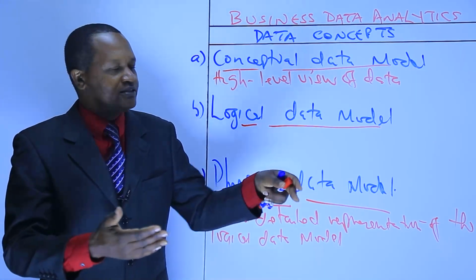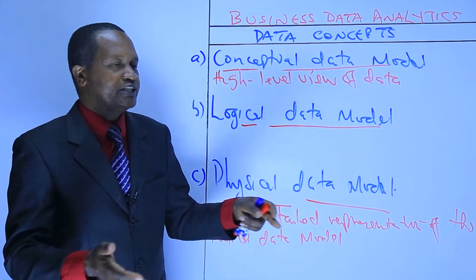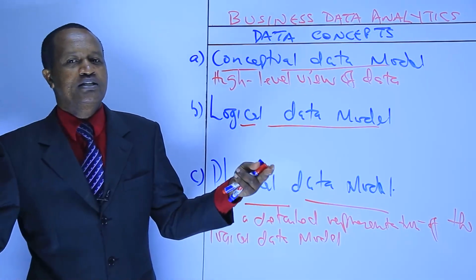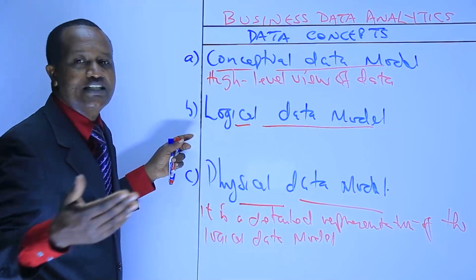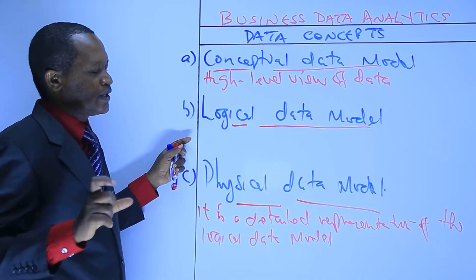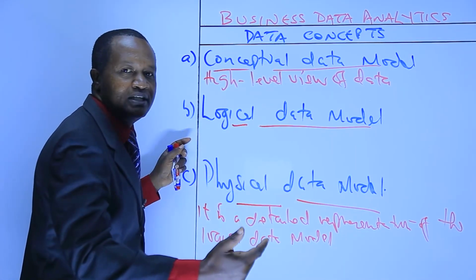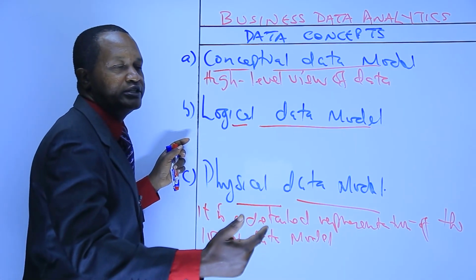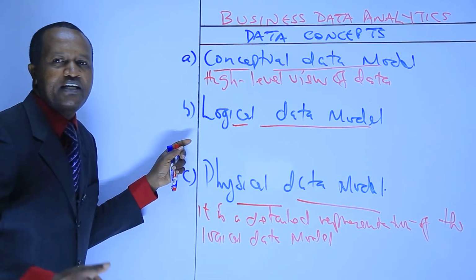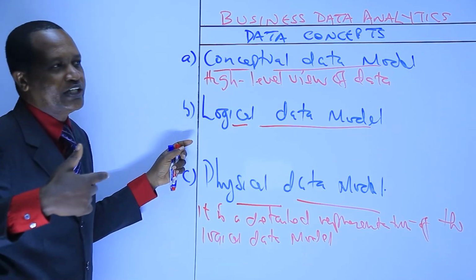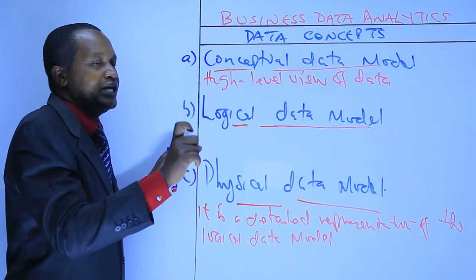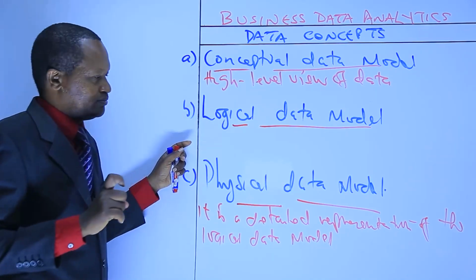The physical data model defines the data types, the storage formats, and the access methods. It also includes the physical location of data and the database schemas and so on. It is a model that is specific to a particular technology and a database management system.